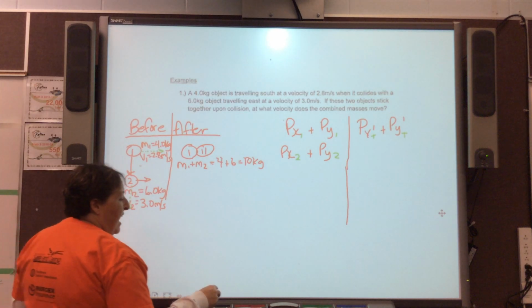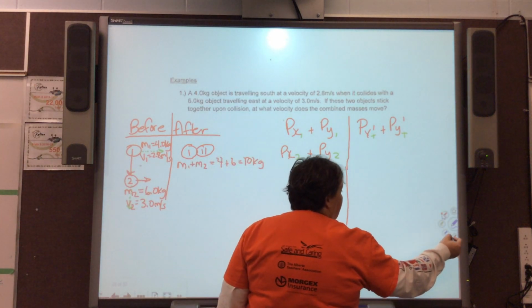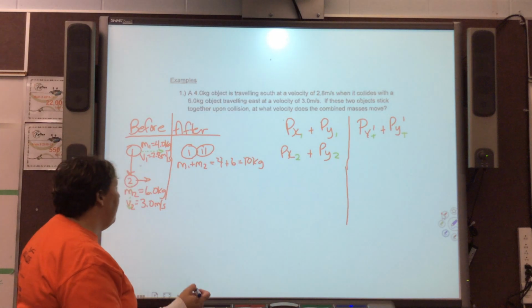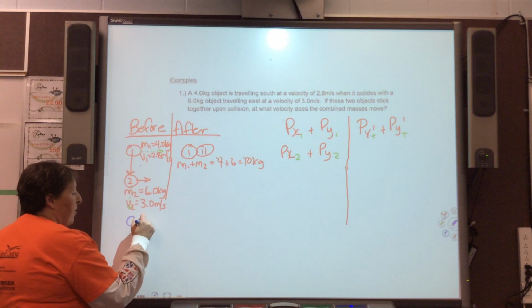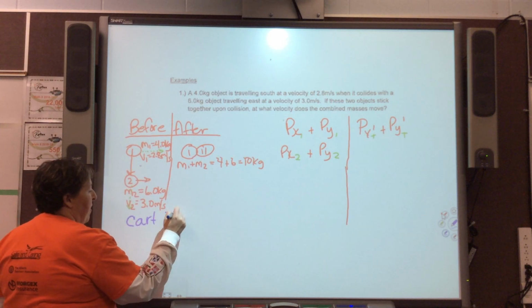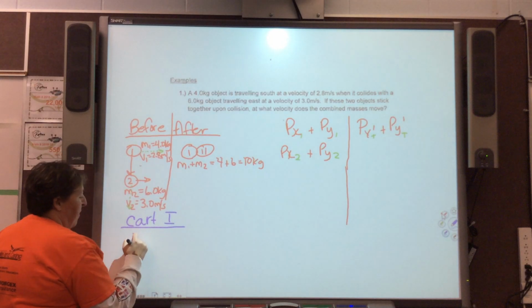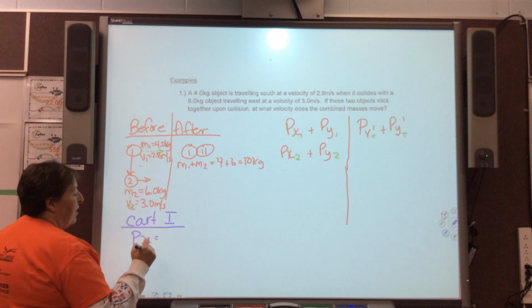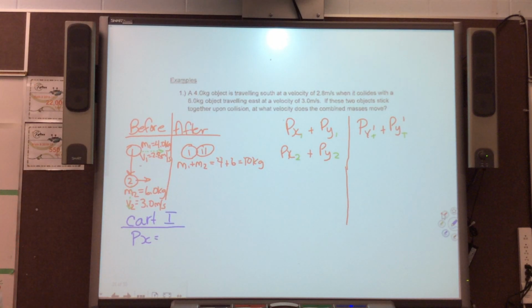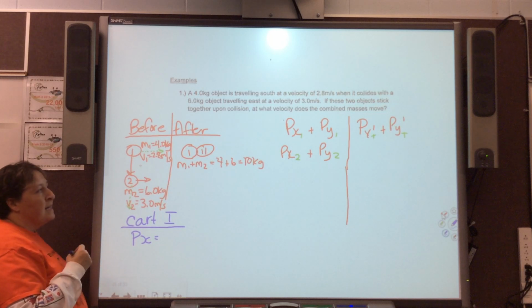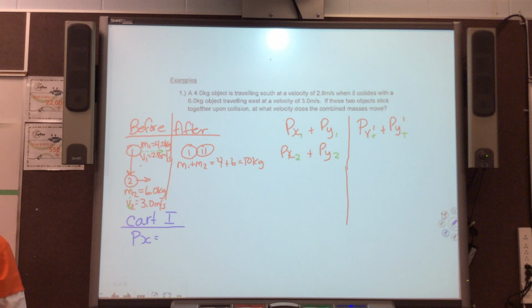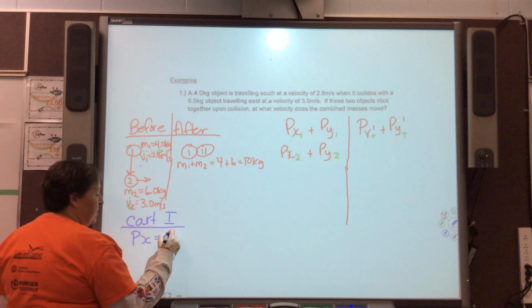So when we look at P of x for 1, let's look at cart 1. What's the momentum for P of x? It would be 0. And why would it be 0, Reese? Because there's no velocity in the horizontal direction.